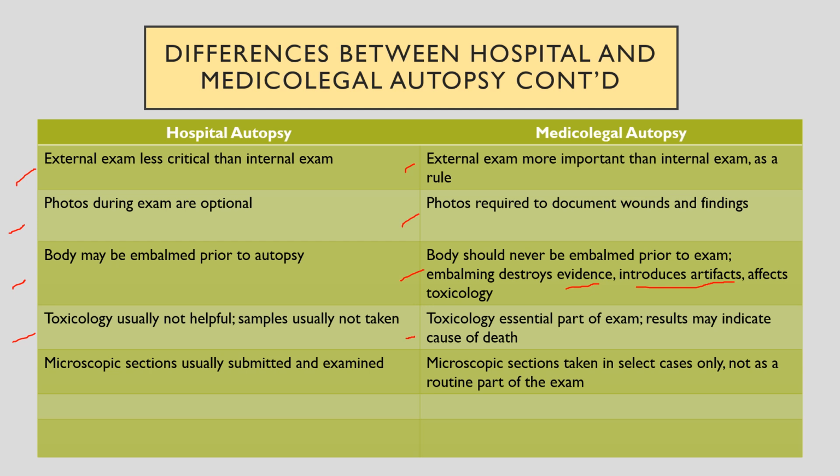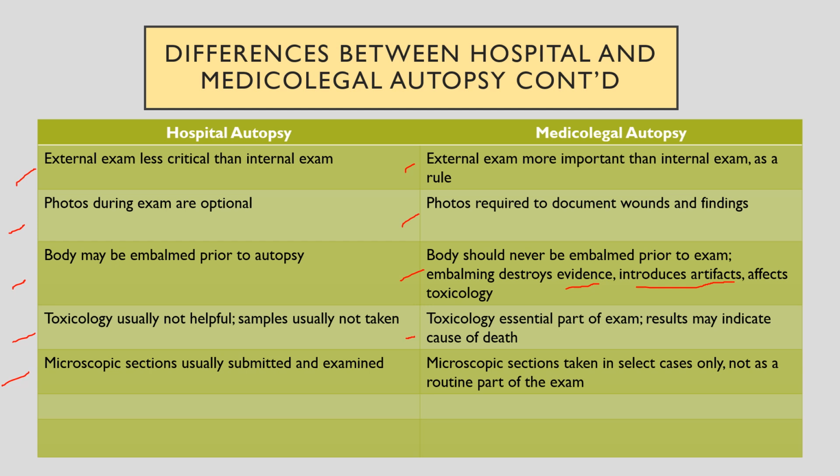And then, last but not the least, hospital autopsy, the microscopic sections usually are submitted and examined. Cellular pathologists or histopathologists, you find out that after post-mortem sessions, they collect some tissues, and those tissues are taken to the lab, grossed, and also undergo the process of histopathology, where they have to undergo tissue processing, embedding, and lastly they are stained and also viewed on the microscope.